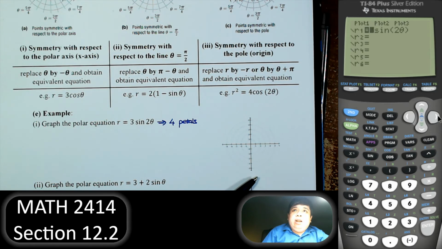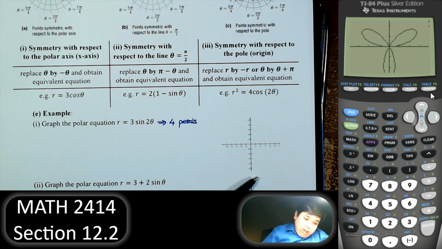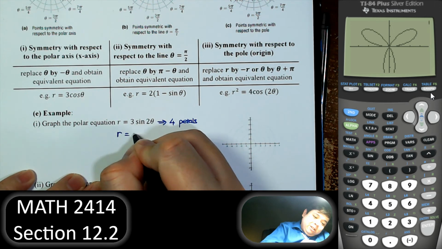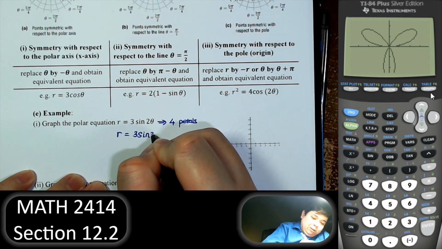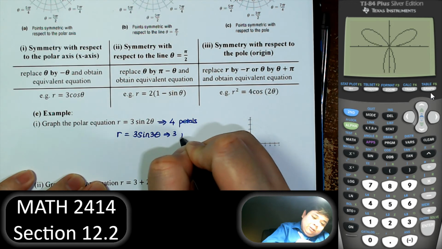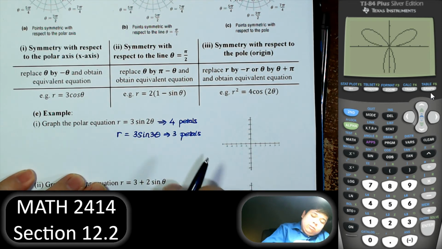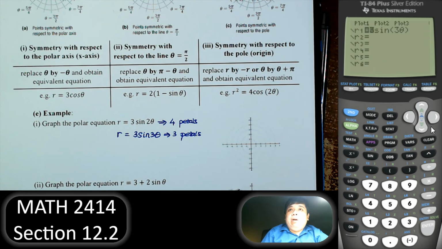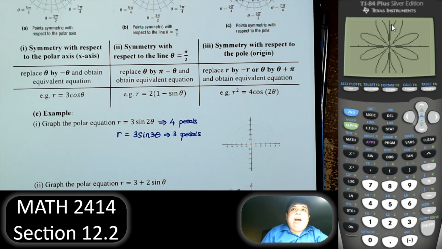How about if we go to 3? Be 3 petals. How about 4? So how many do we have there? Right, each quadrant has 2, right? So 1, 2, 3, 4, 5.